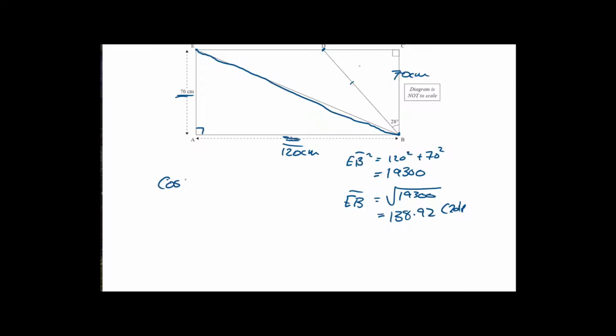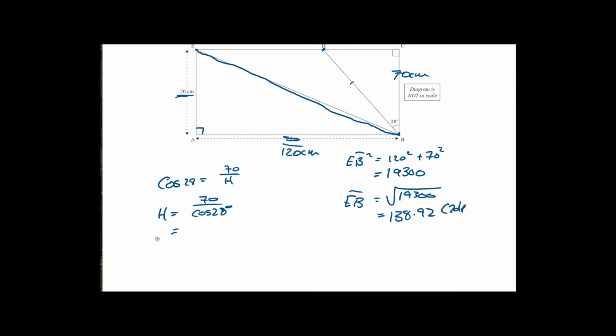So cosine of 28 is going to be equal to 70 divided by the hypotenuse. So that means the hypotenuse is going to be equal to 70 divided by cosine of 28 degrees.